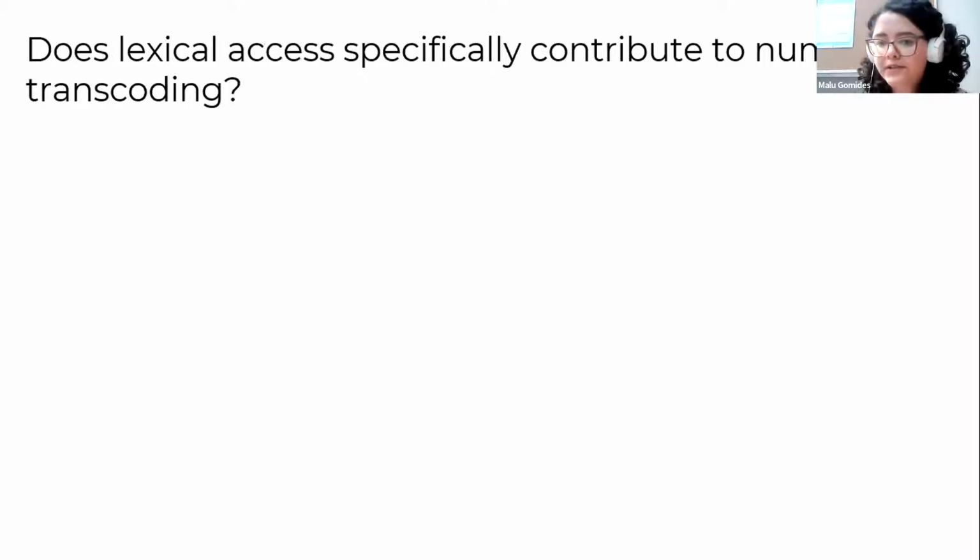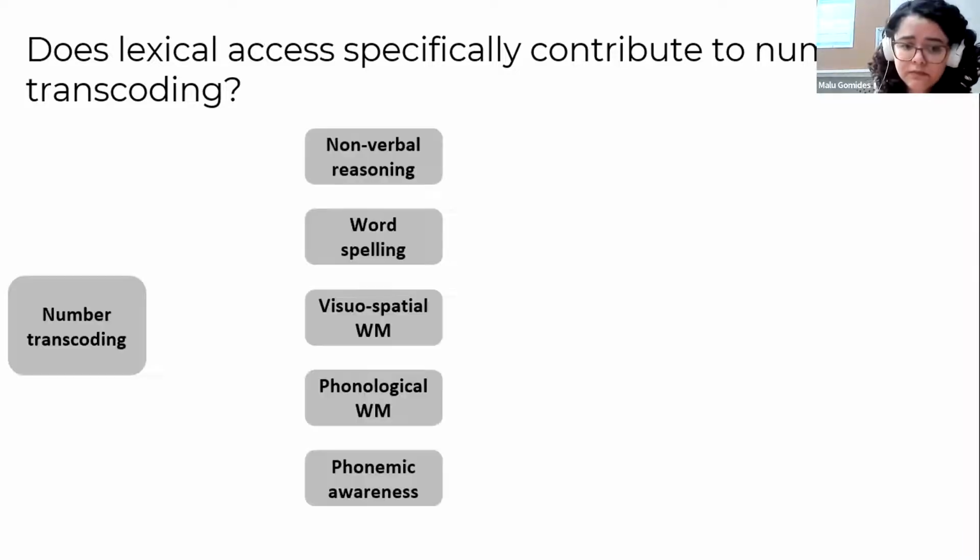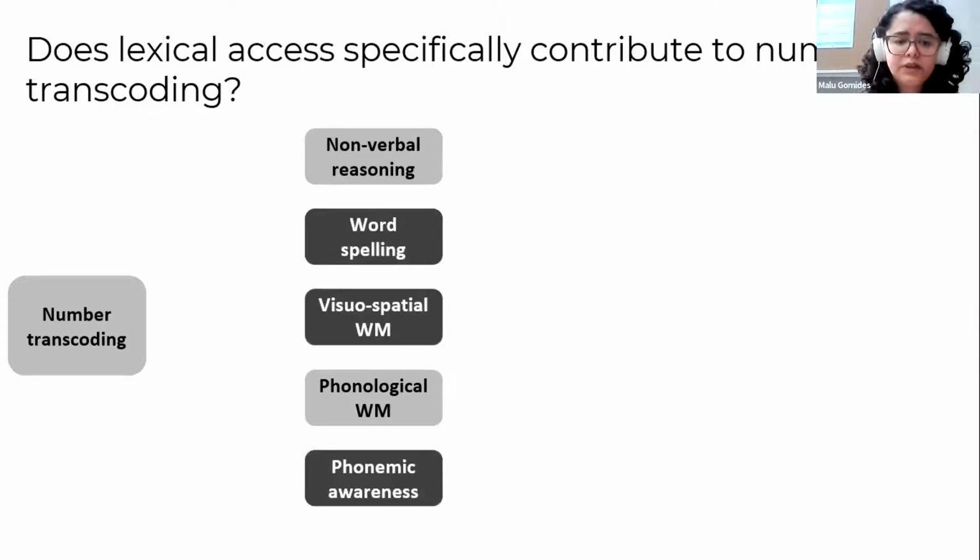So to answer our first question, we conducted hierarchical regression models. And the final model showed that visual-spatial working memory and phonemic awareness were significant predictors of number transcoding.